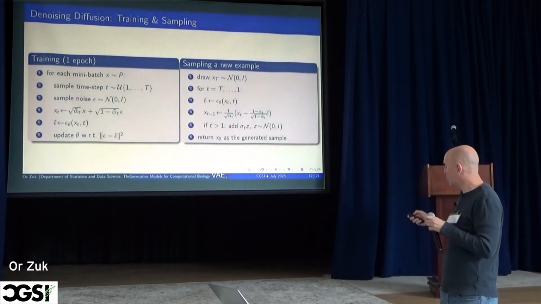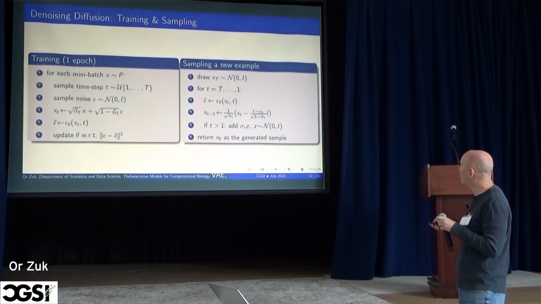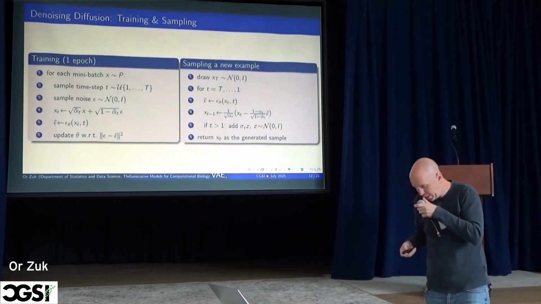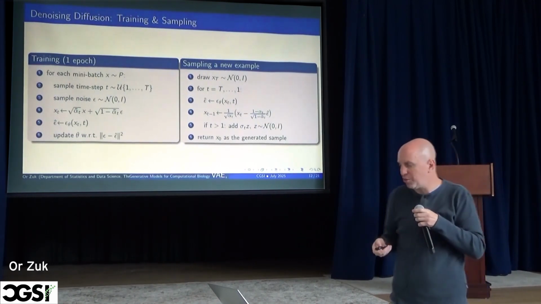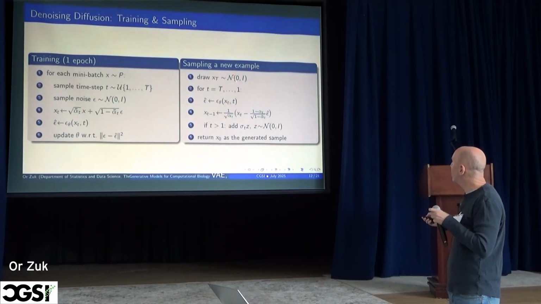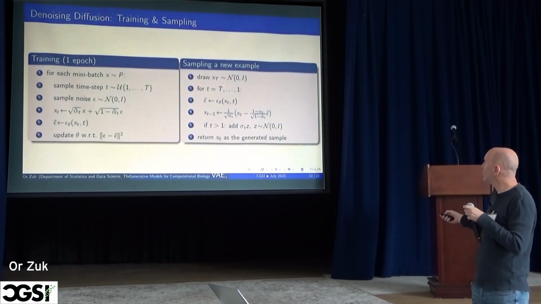So that's basically a pseudocode of the algorithm, and this is a pseudocode of the algorithm for sampling new ones. Once you train your model, it's pretty easy to sample a new sample from your distribution. You start with the noisy sample, which is very easy to sample, and then you just apply the steps.